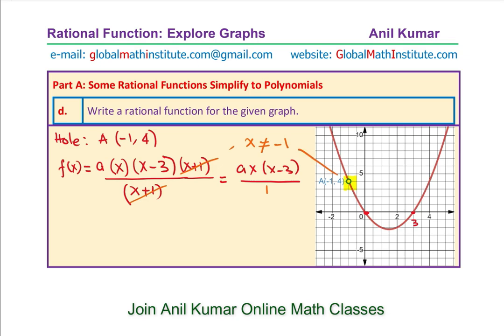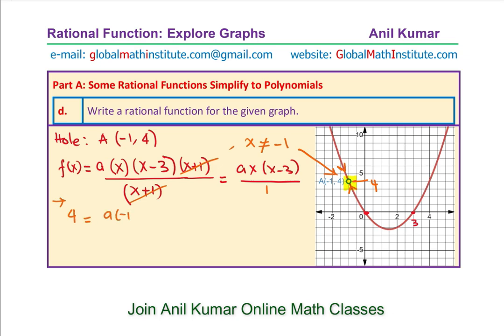This minus 1 is because of the hole shown on the graph of the function. Perfect? So now we see that at the hole you approach the same value from both the sides, right? So here the value being approached is 4. So if I put the value minus 1, we say, well, we are not at 4, but we are approaching 4 when x is minus 1.